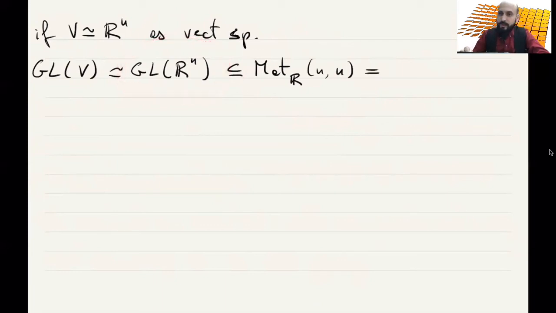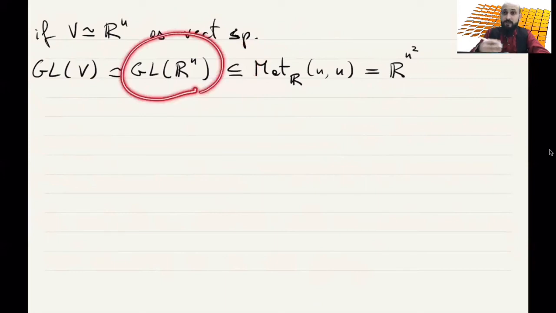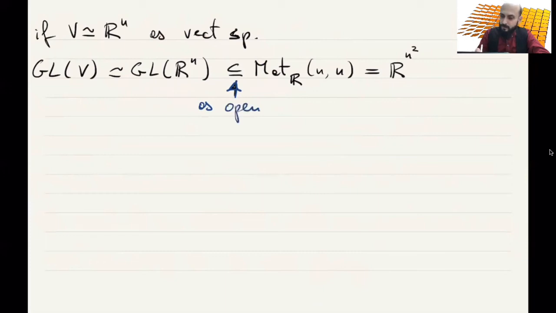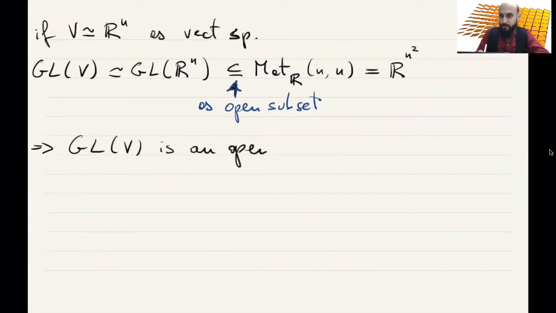The n by n matrices form a vector space of dimension n squared. Moreover, this inclusion is one for which this object becomes an open set, since it's determinant different than zero. So it is included as an open subset.